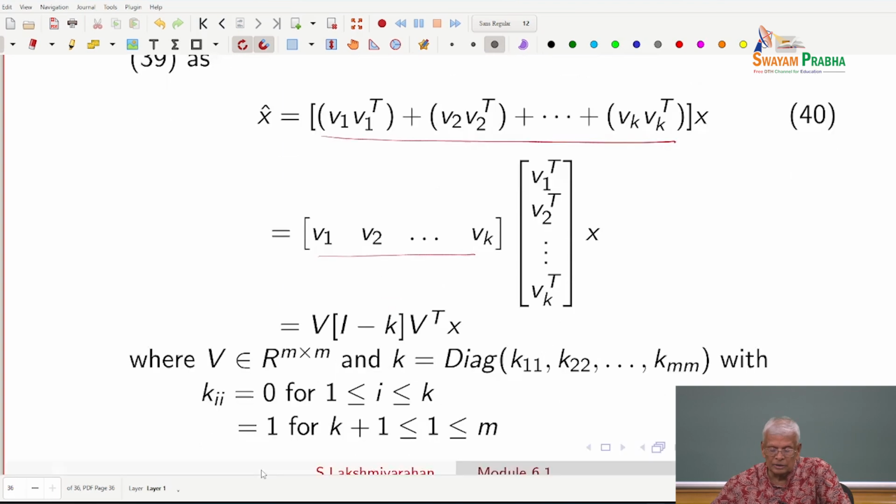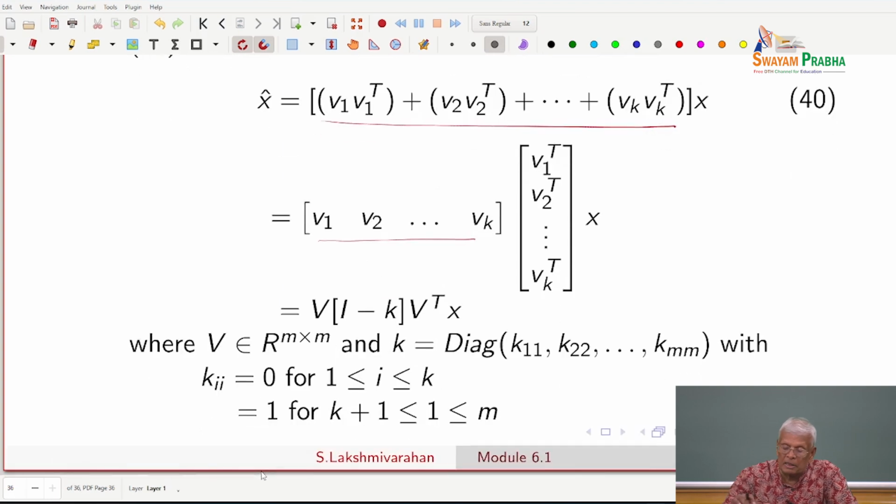can be represented like this, and so V is R^(m×m). Lambda is a diagonal matrix. So K is a diagonal matrix whose diagonal elements are either 0 or 1. The first K elements of the diagonal are 0. The rest of the diagonals are 1.